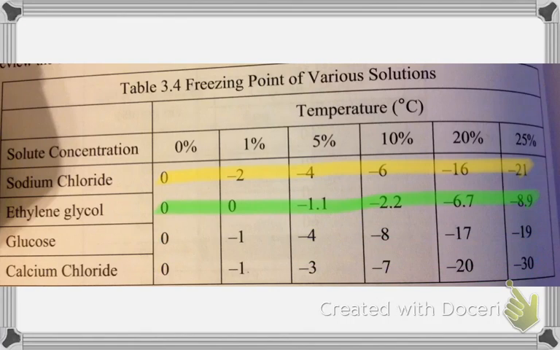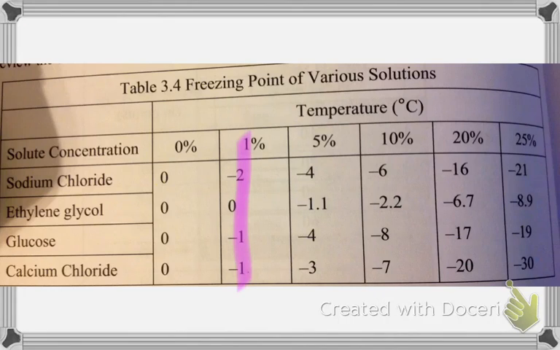After we've identified any trends going on in the rows, we're also going to look at the columns themselves. If you look at the column for 0 degrees Celsius, we see that that's consistent. There's nothing being added except for distilled water, so that's the temperature at which water freezes. If we look at 1%, we really don't see any noticeable trends.